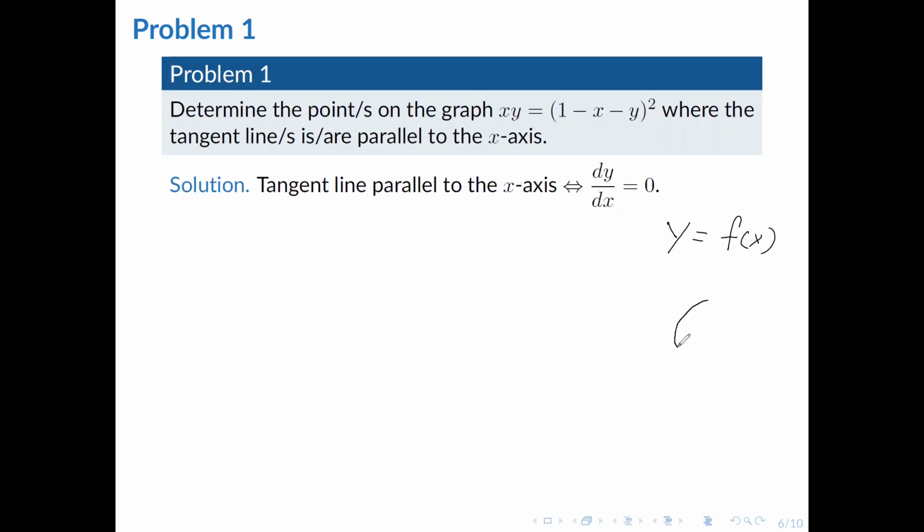That will look something like this. This is the x-axis and this is the y-axis. Recall that the derivative is just the slope of the tangent line. So if dy over dx is equal to 0, then we have a tangent line parallel to the x-axis because it has slope 0.